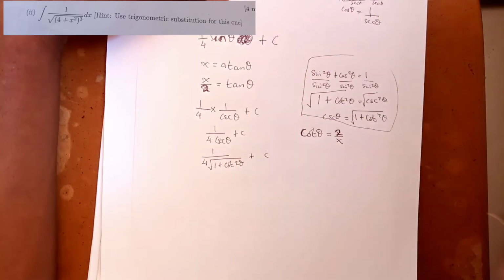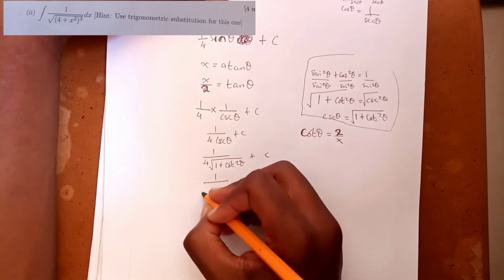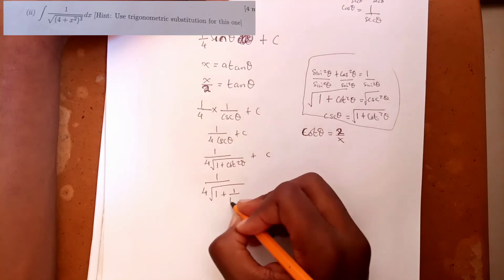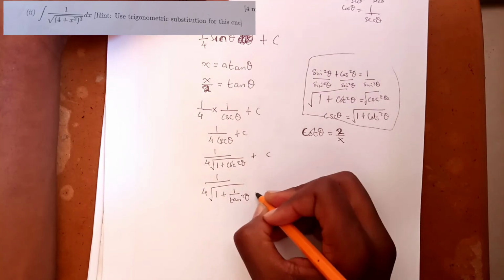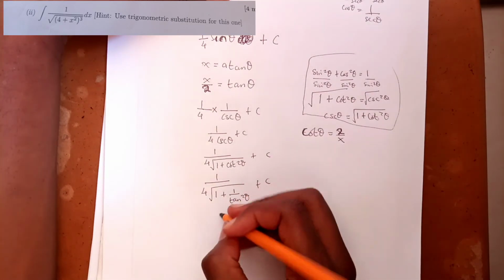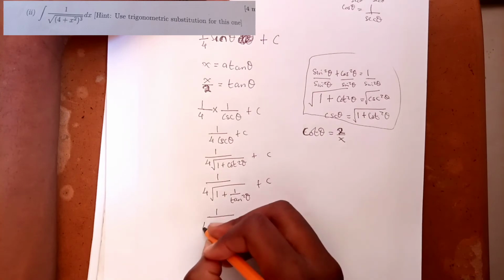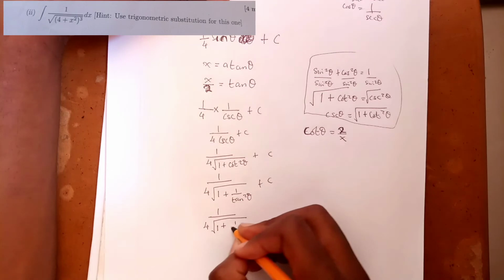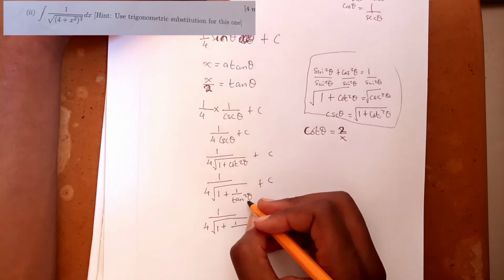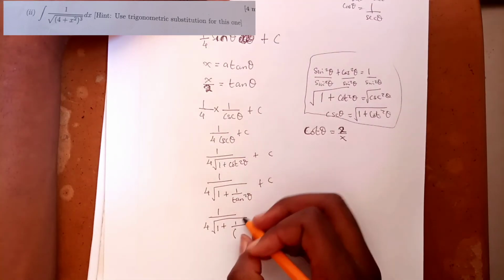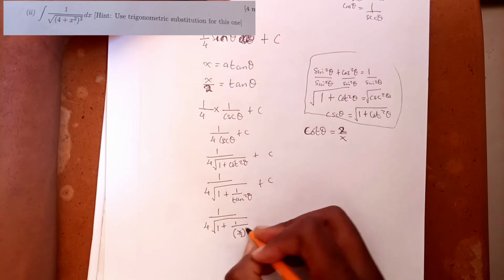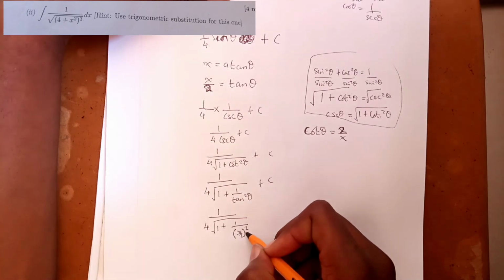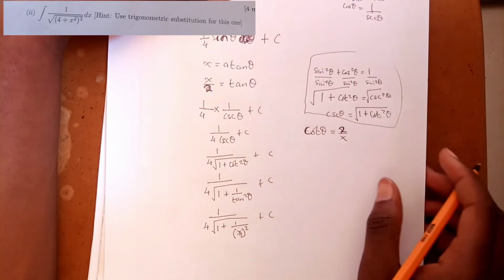So we just flip them, or you can just say 1 over 4 square root of 1 plus 1 over tan squared theta plus c, so that you can directly replace them. So now we have 1 over 4 the square root of 1 plus 1 over tan squared theta, where tan theta is x over 2, and then tan squared theta will just be that squared, plus c.